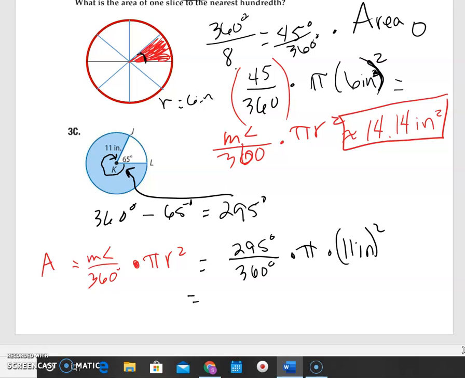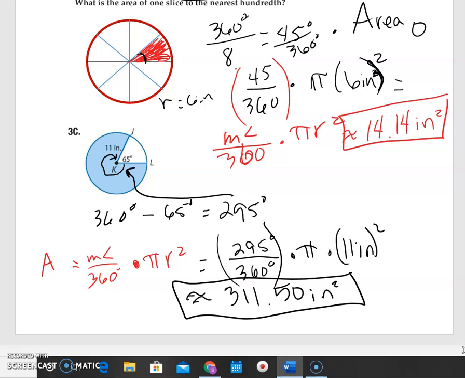Then I'm going to put that in my calculator. Again, in parentheses, my fraction, 295 divided by 360 times pi times 11 squared. Again, we're going to go to the hundredths place. That's about 311.50 inches squared. So that's how much of the shaded region we have in that one.